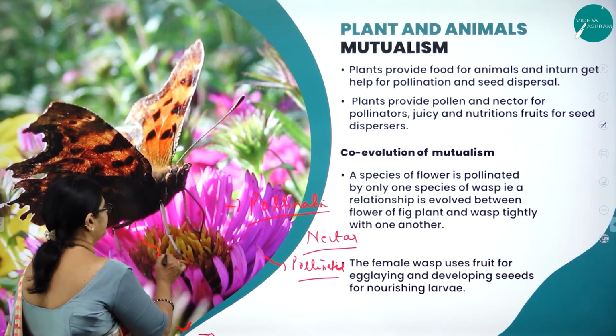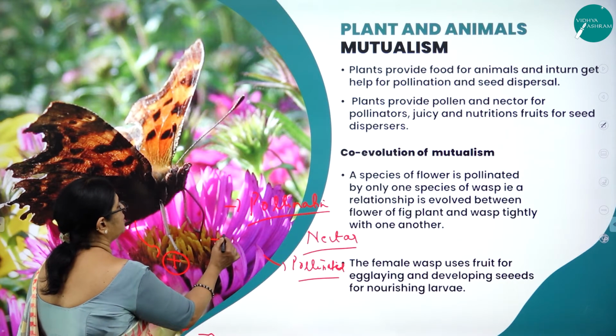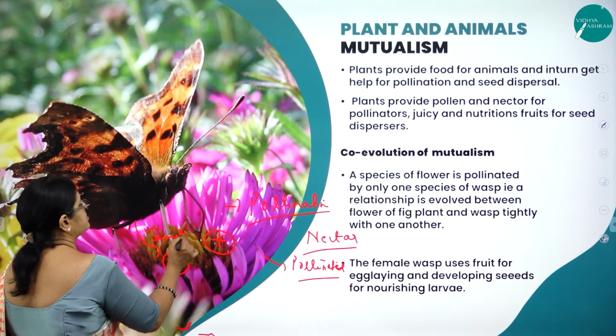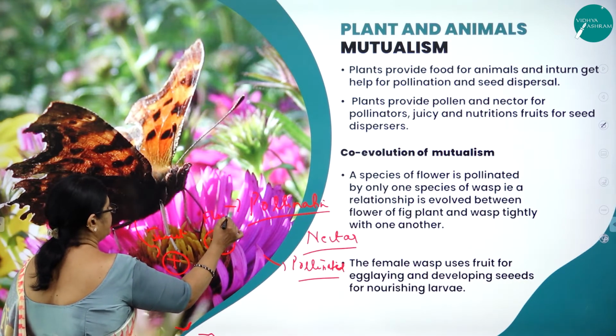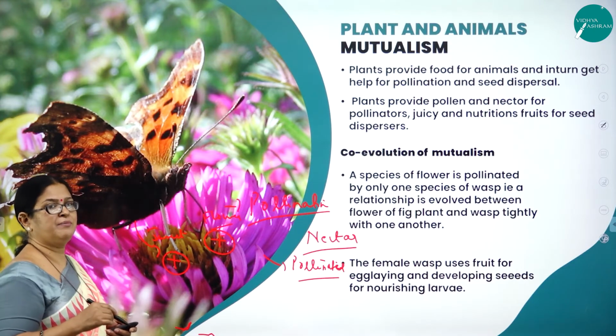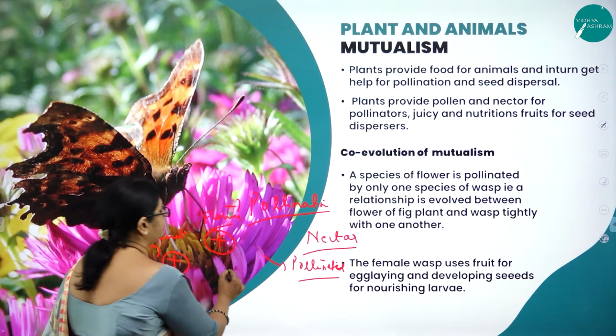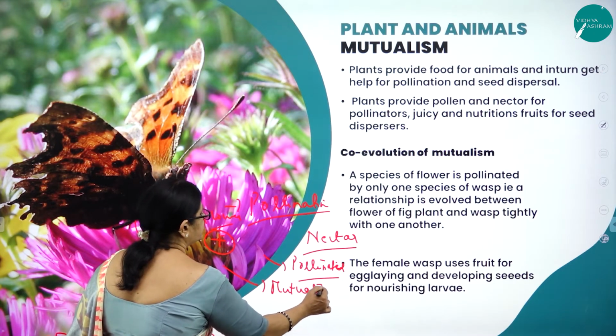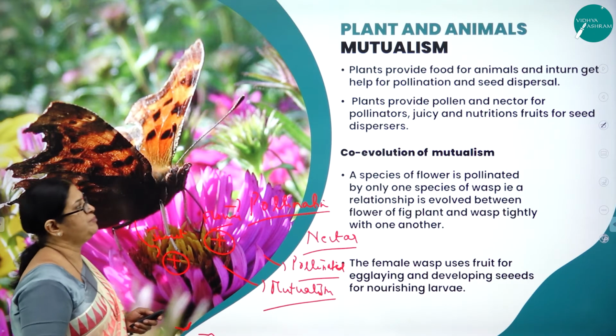So here the insect is benefited, and so also is the flower. So both are benefited, and it is a very good example for what? Mutualism.